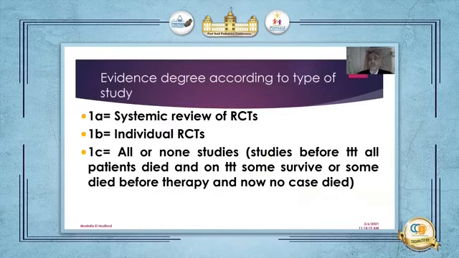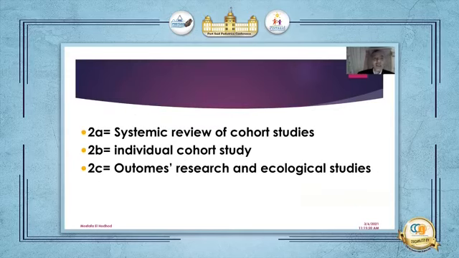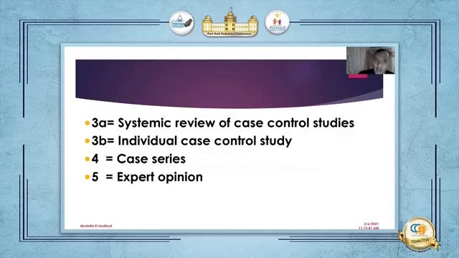The degree of evidence of the types can be categorized into 1A, which is systematic reviews of randomized clinical trials, and 1B is coming from individual randomized controlled trials. 1C can reflect the all or none studies. 2A usually reflects systematic review of cohort studies, 2B individual cohort studies, 2C outcomes research and ecological studies. 3A systematic review of case control studies, 3B individual case control study.